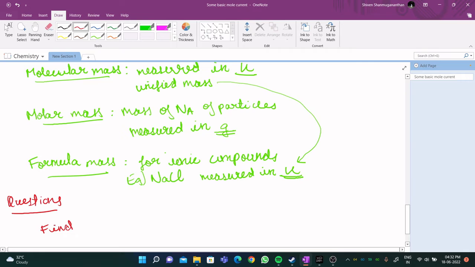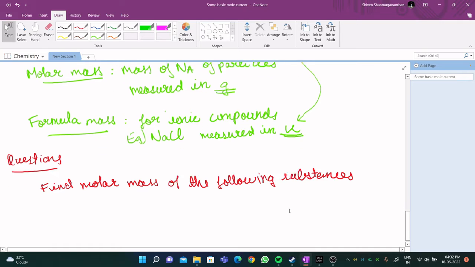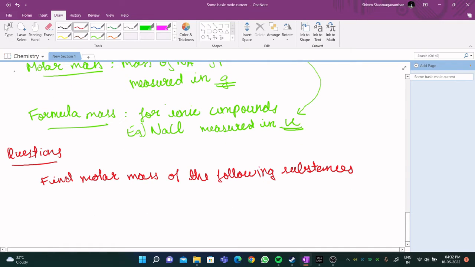Find the molar mass of the following substances. The first one we have here is C12H22O11. This is known as sucrose.